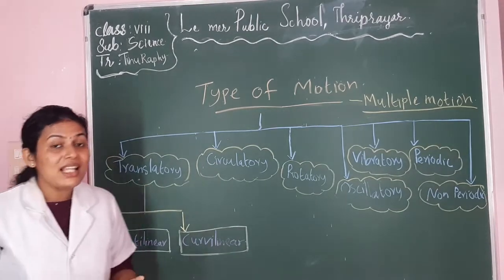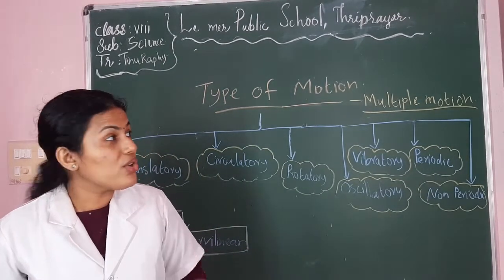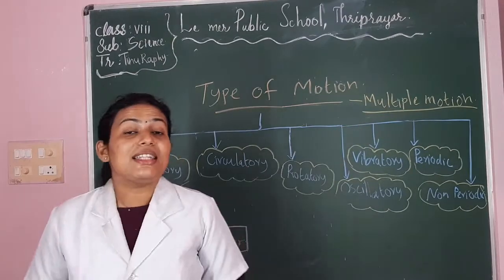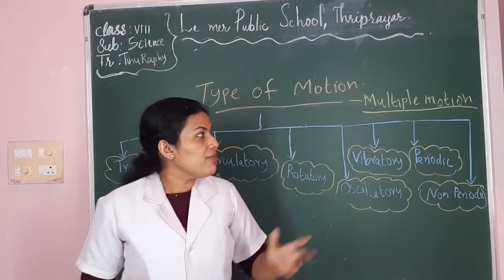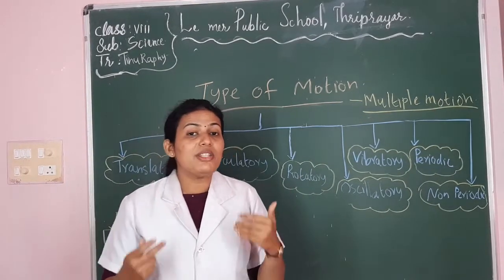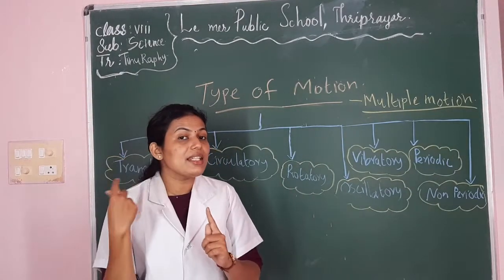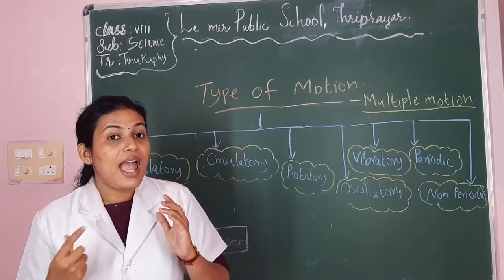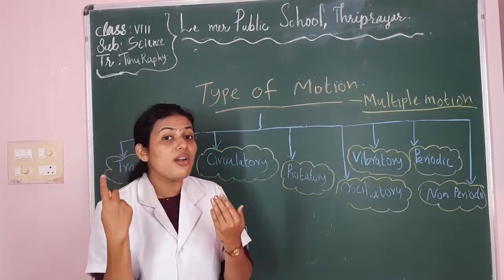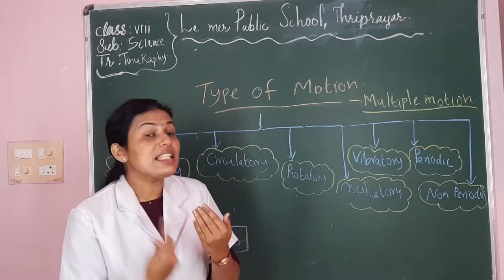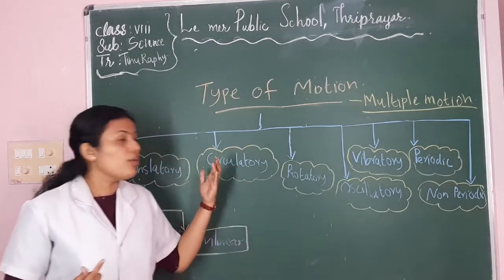So likewise, a single object shows multiple motion, that is, different motions at the same time. The second example for multiple motion is the movement of the earth. Earth rotates on its own axis, isn't it? Hence it shows a rotatory motion, as well as it revolves around the sun, so it shows a circulatory motion also.